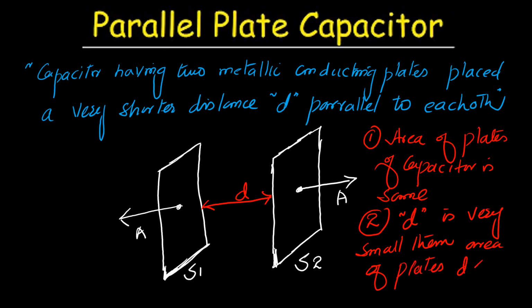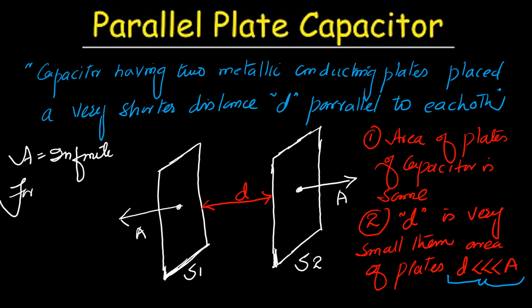So d will be very small compared to the area of the plates, and due to this we can say that area A appears nearly infinite compared to the distance between two parallel plates.